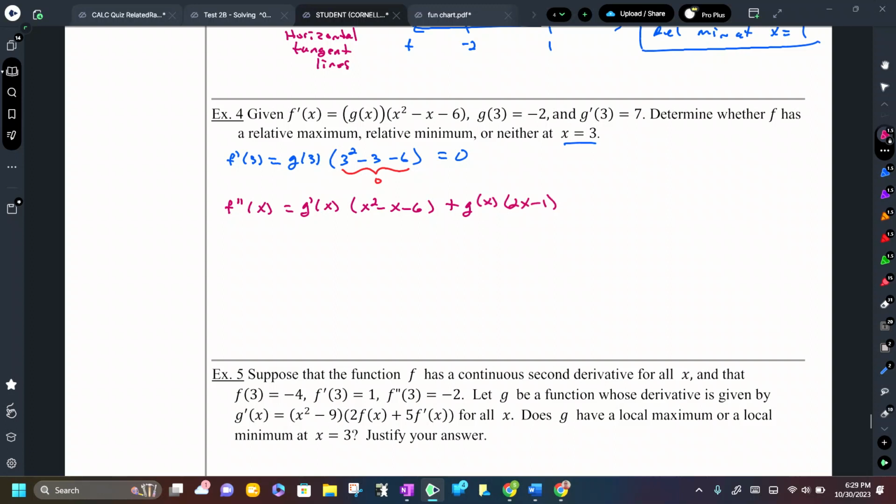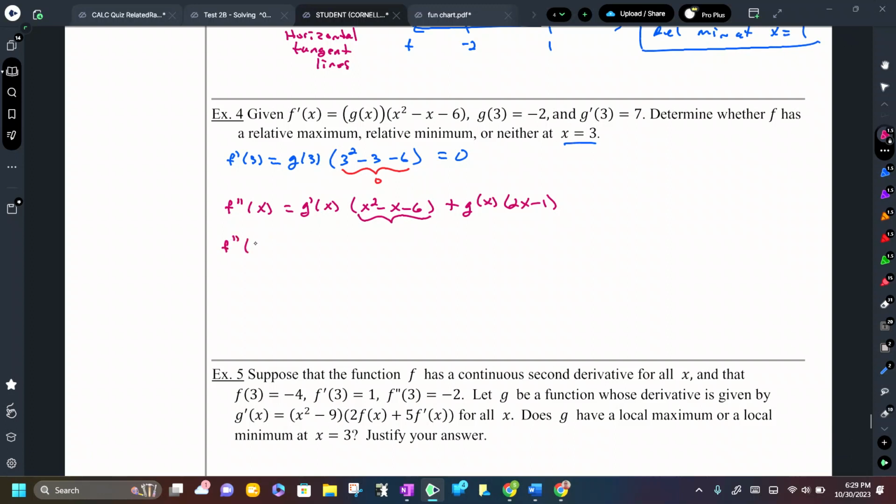So we've got it all broken down there. The thing I want to point out is that as soon as we substitute in x is 3, this whole thing becomes 0. So it doesn't matter what g prime of x is, because we've already determined that this becomes 0 when we plug in 3. That's going to make life a little better for us.